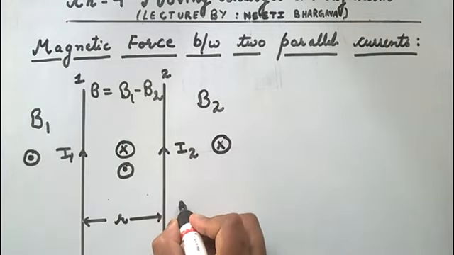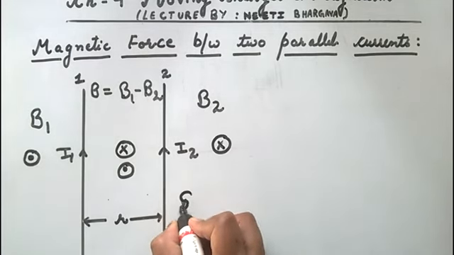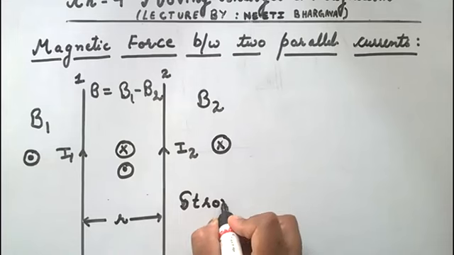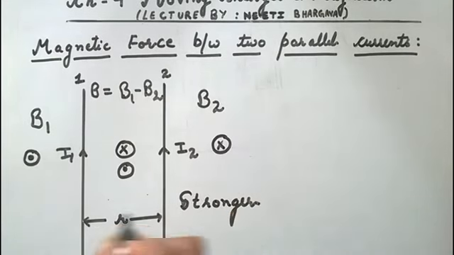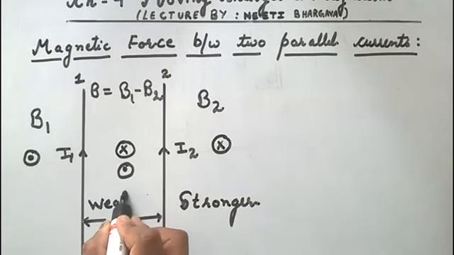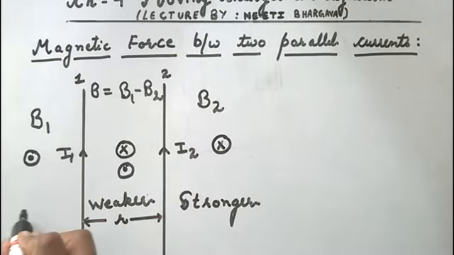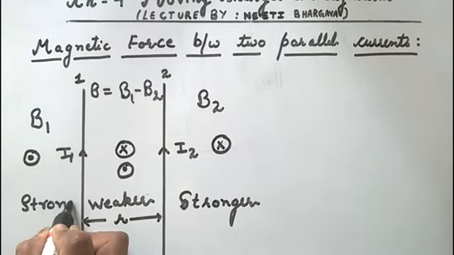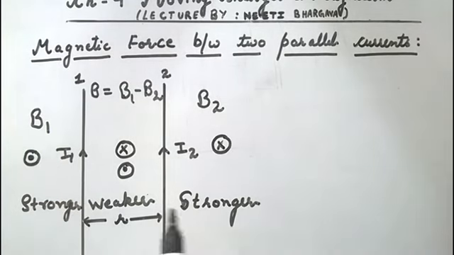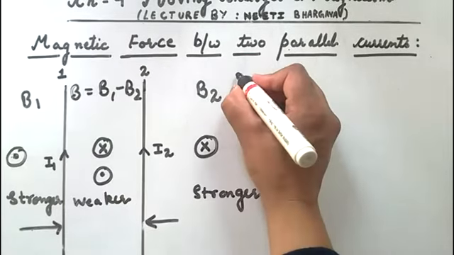Here the magnetic field is stronger, here weaker magnetic field, and here also stronger magnetic field. And the magnetic force exerts from stronger to weaker magnetic fields.